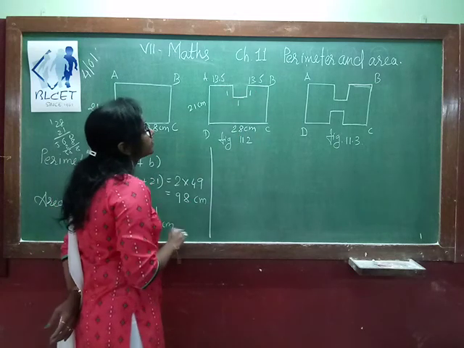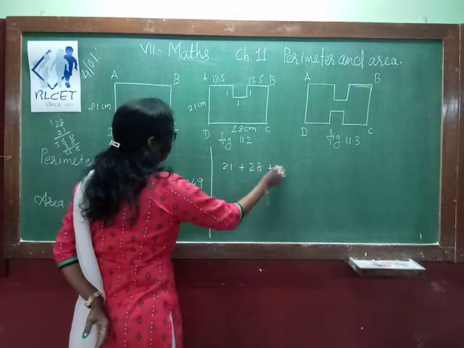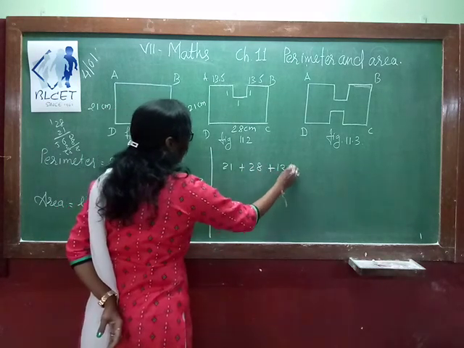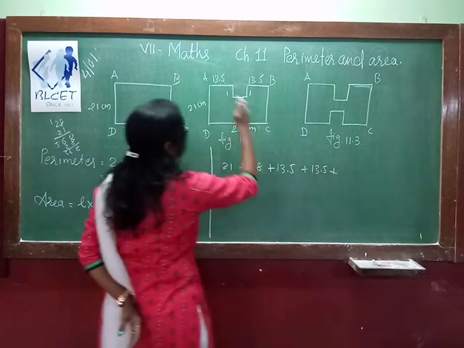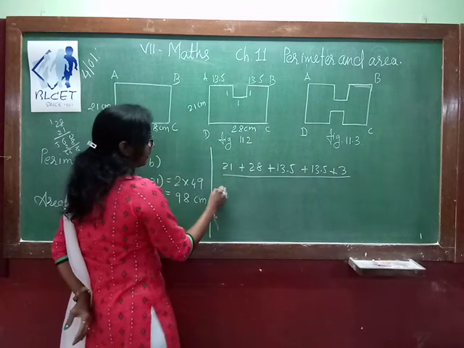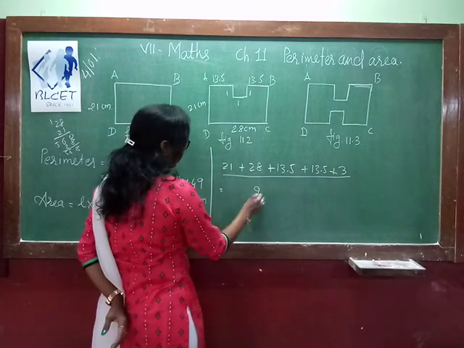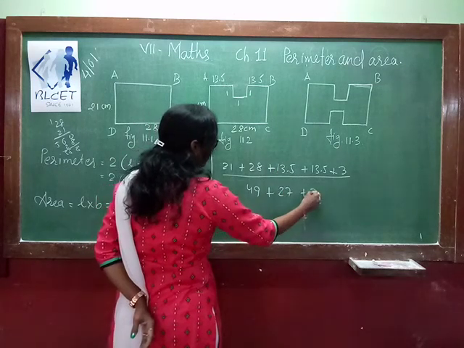So what is it? 21 plus 28 plus 13.5 plus 13.5 plus 1, 2, 3. Now calculate your perimeter. 8 plus 1, 9, 49 plus 27 plus 3.